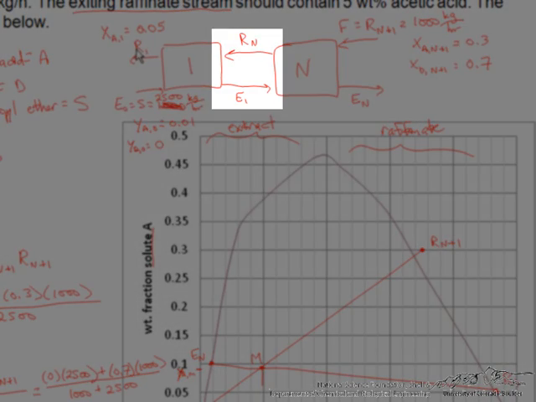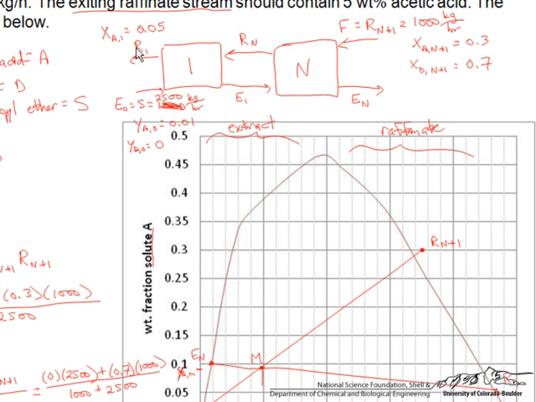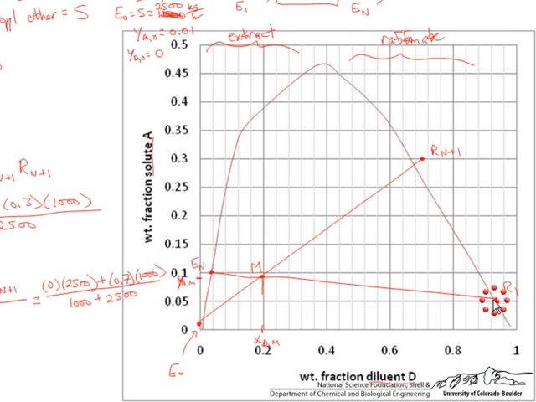The difference between passing streams, so a passing stream would be R1 and E naught, or R2 and E1, or Rn plus 1 and En for this diagram, is always the same, and the difference is delta. And the way you can get this delta is by knowing that R1, E naught, and delta are all collinear. So I'm going to draw a line between R1 and E naught.